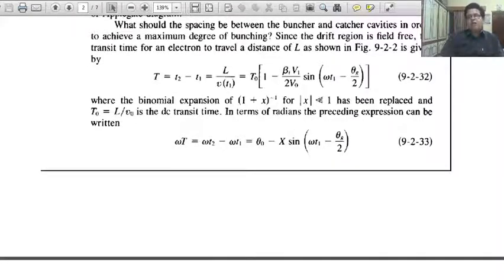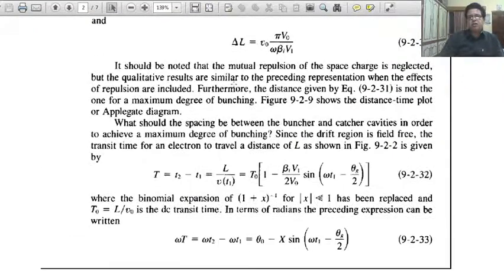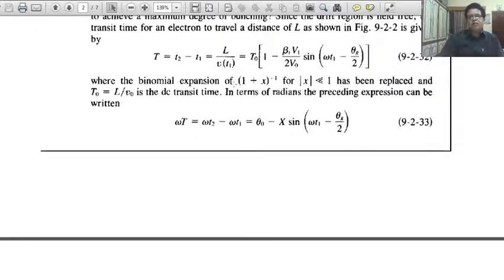That means in field free space. This is given by distance upon velocity, L upon V, and the Vt1 expression we already derived. After putting this expression, it becomes T0 times 1 minus beta I V1 upon 2V0 sin omega t minus theta g upon 2.